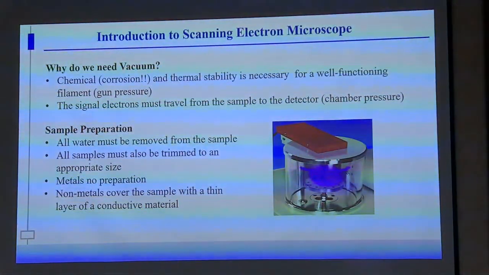So the question was, why do we need a vacuum? Why can we not do it in a normal way? If we don't have a vacuum, it will be very hard to control the flow of electrons or to focus them, and we will have problems with the chemical and thermal stability of the filament, because under standard conditions the filament will burn and we will not have electrons anymore.